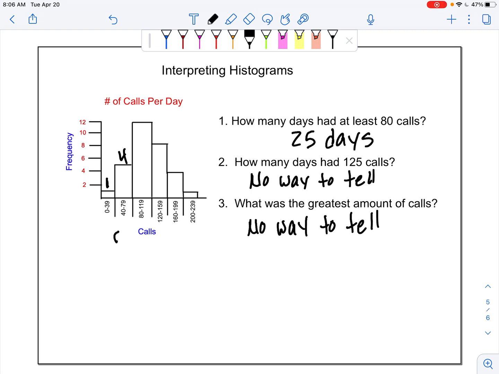So 5 days received at the most 79 calls. So sometimes the interpretation does include more than one bar. So think about the question and what it's asking you. And sometimes you can tell, sometimes it's more than one bar. Sometimes, there's no way to tell.